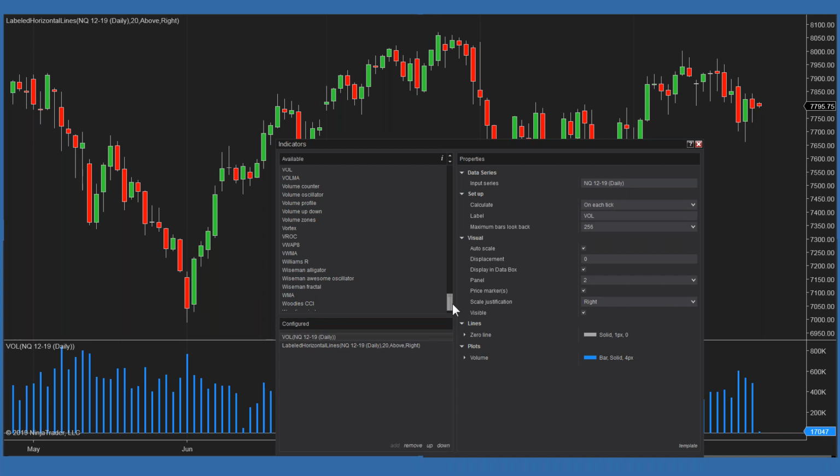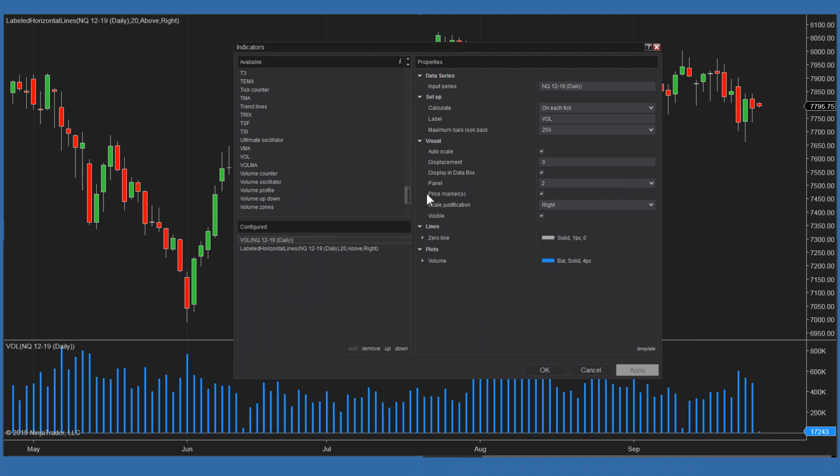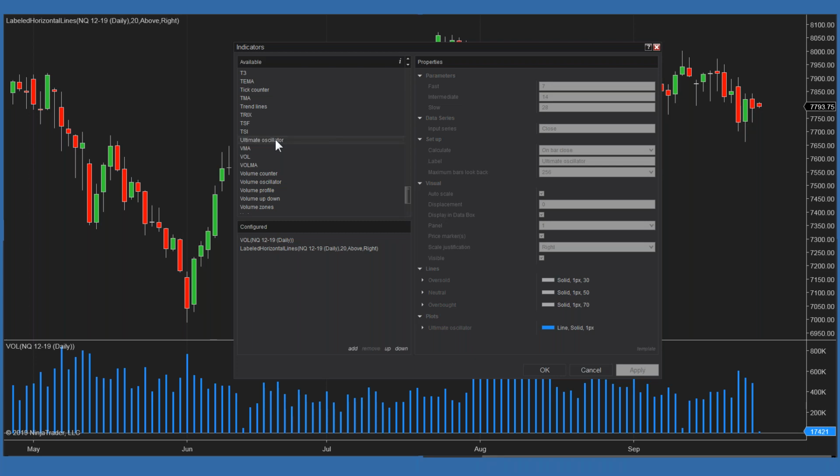I do see a few in here that we'll cover still in the future, because a lot of indicators are based on the same things. For instance, I could do the ultimate oscillator, but that's really just a variation of MACD. But we're not doing the ultimate oscillator today.